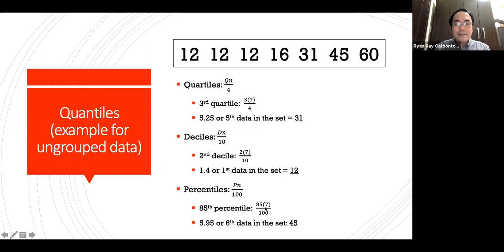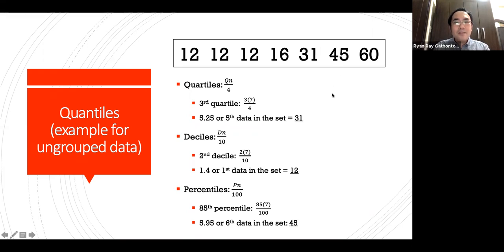Multiply it by 7, and then divide it by 100. We get 5.95, or in this case, the sixth data in your data set. So we count again 1, 2, 3, 4, 5, and 6, and it's 45.